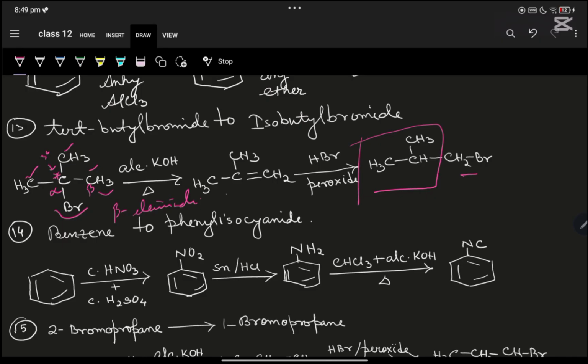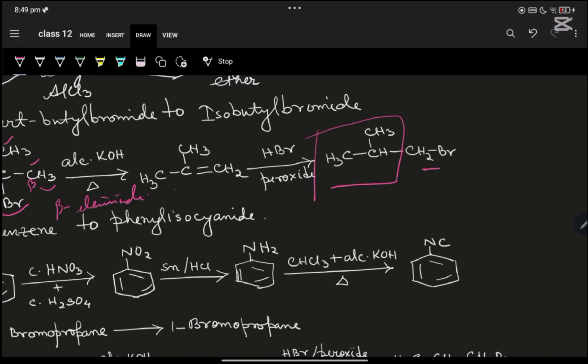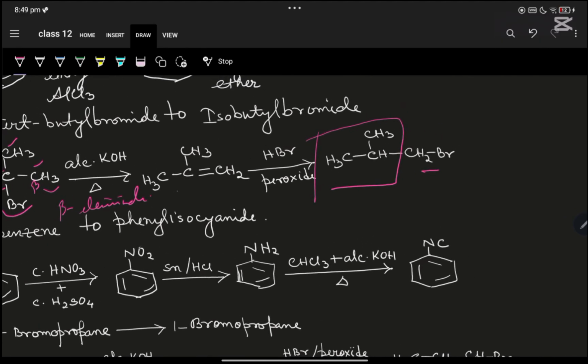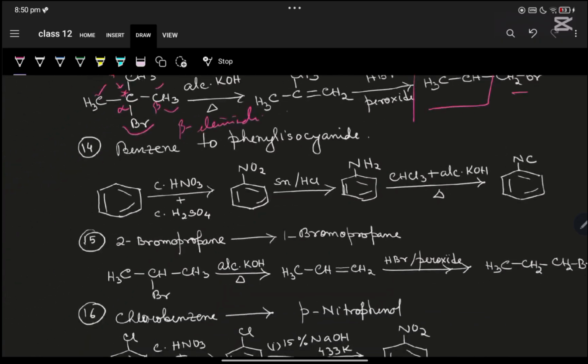Then see the position of the Br. The Br is to be attached to the carbon having more number of hydrogen atoms. So follow anti-Markovnikov manner. For anti-Markovnikov, it is only HBr that is used. So do not use any other halide over here. So HBr, peroxide, you will get the product.